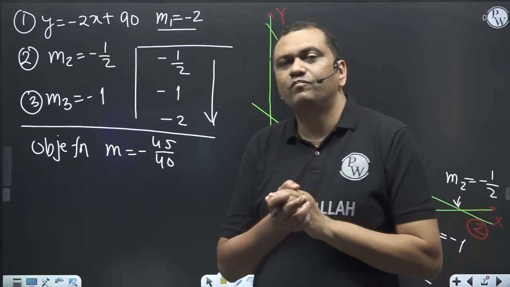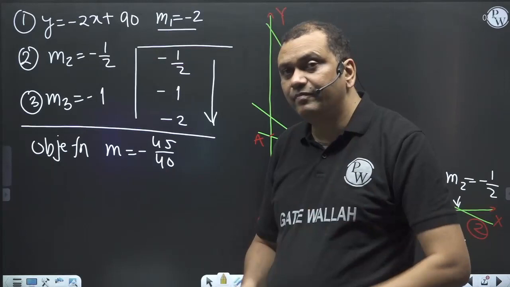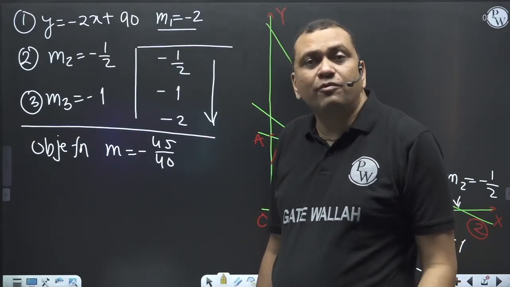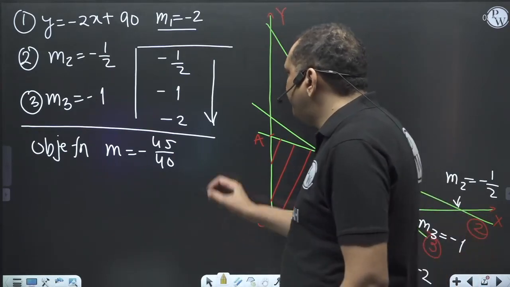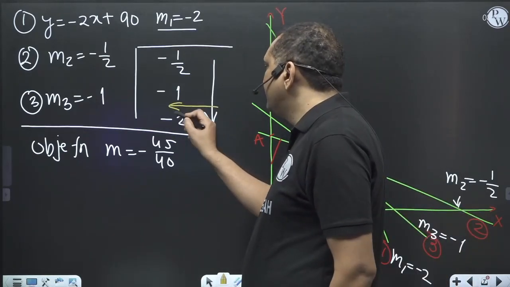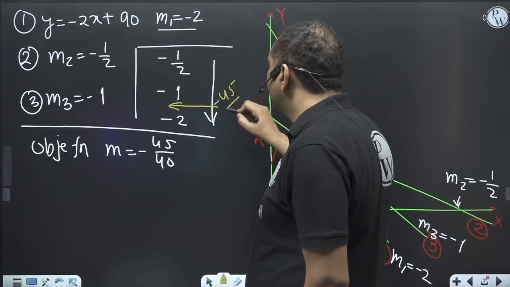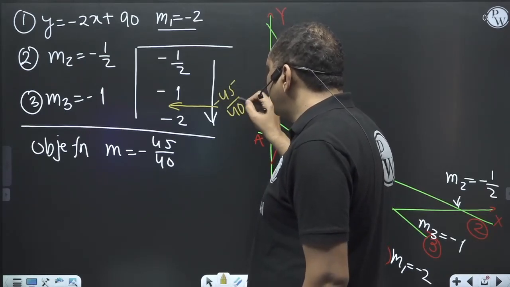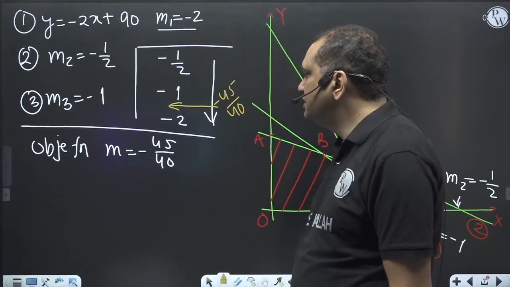Now you see where the slope is lying. The objective function slope is lying between these two, because it is more than 1 but less than 2.